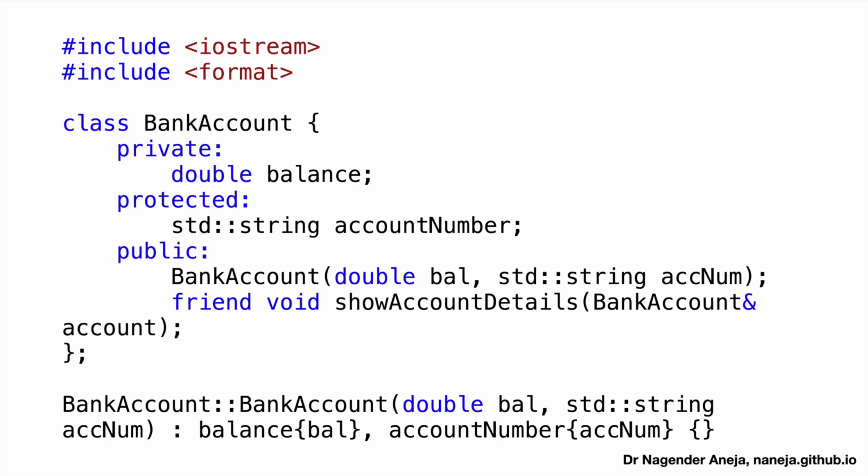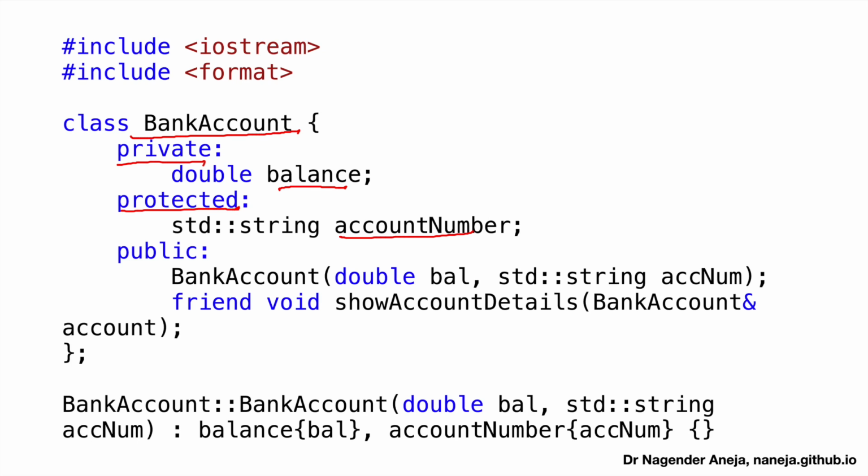So we have, for example, a bank account class, and we have a balance which is private. We have an account number which is protected. We made the account number protected because all the child classes can access this account number, right? But the balance should not be accessed.